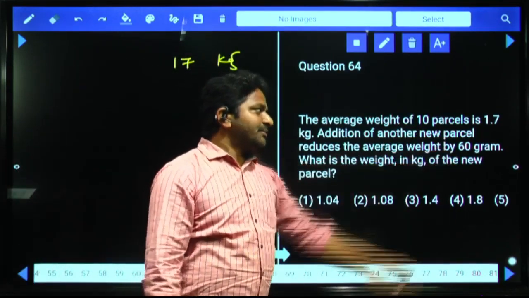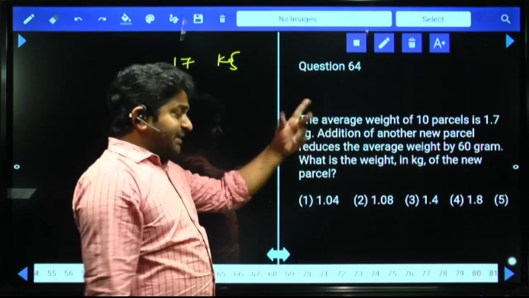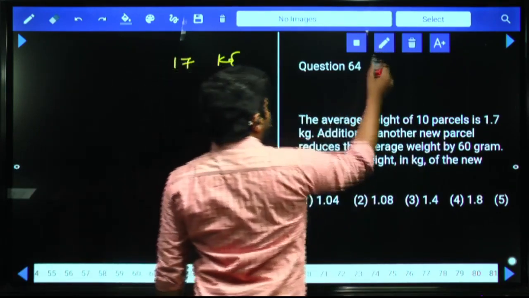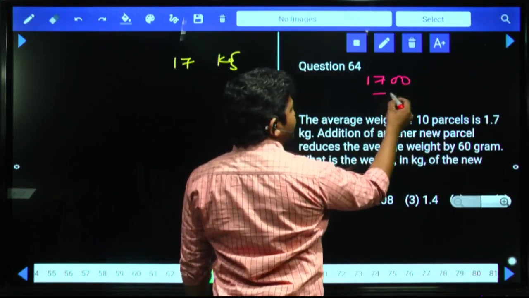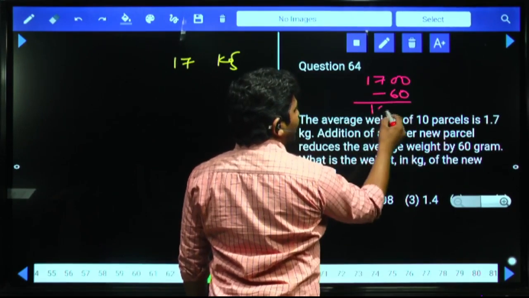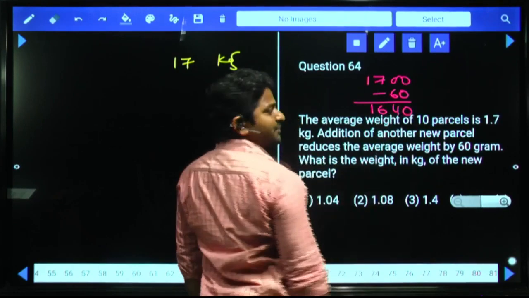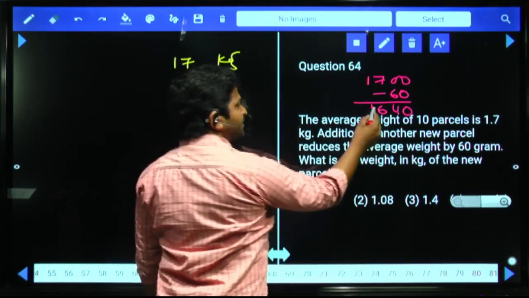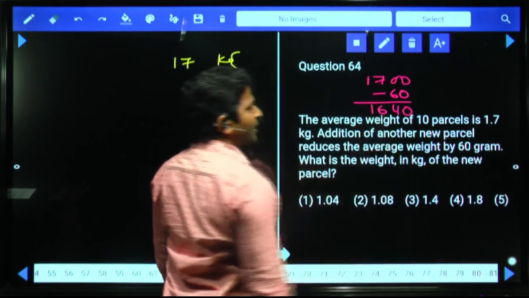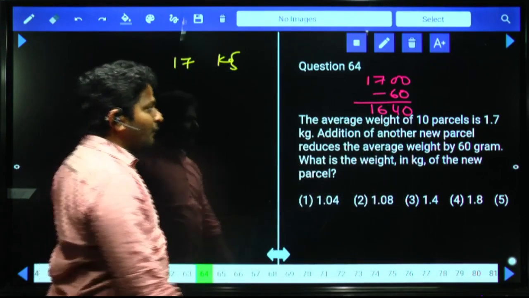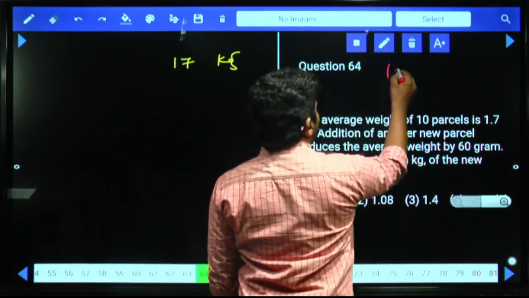Then the average is reduced by 60 grams. 1.7 kgs we can also write as 1700 grams. 60 grams reduced from 1700 grams, so now you have 1640 grams. 1640 grams can be treated as the average, that is equal to 1.64 kgs. 1.64 kgs is the new average.